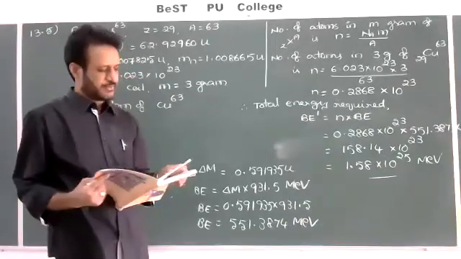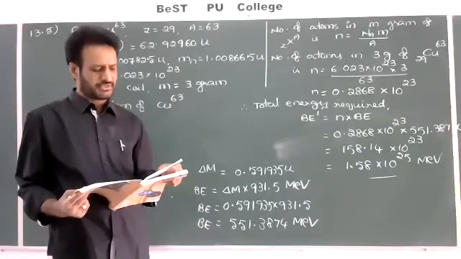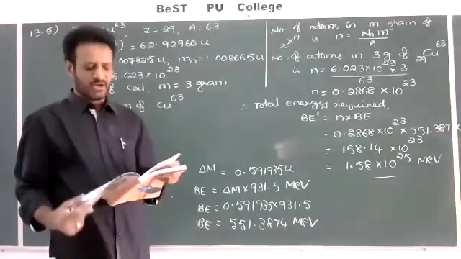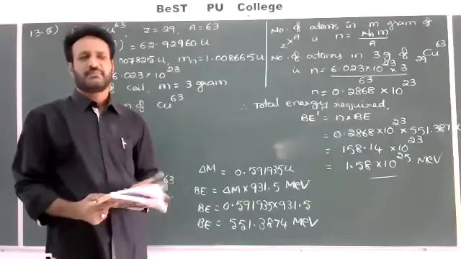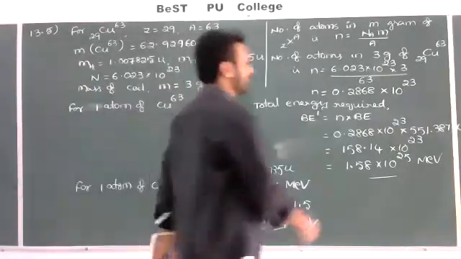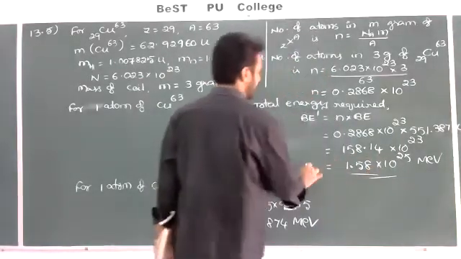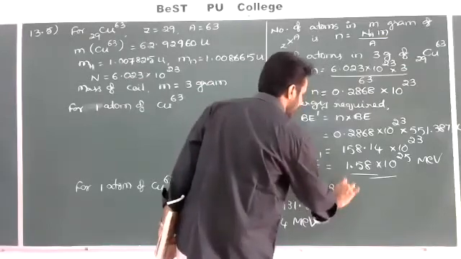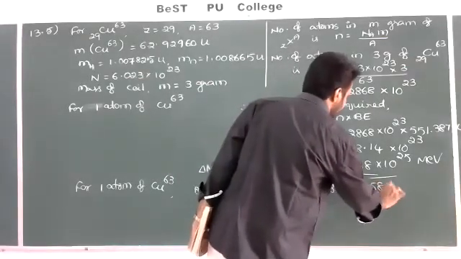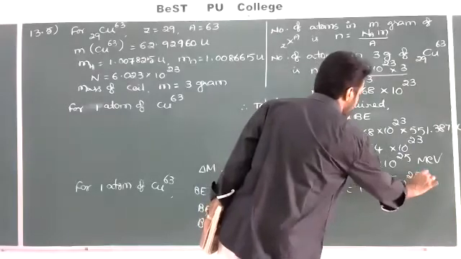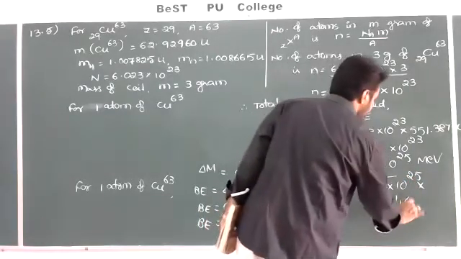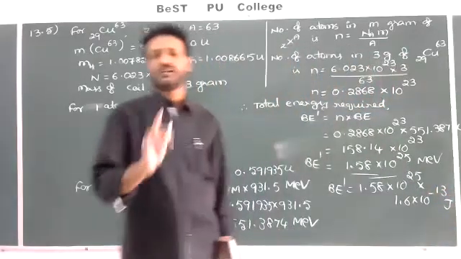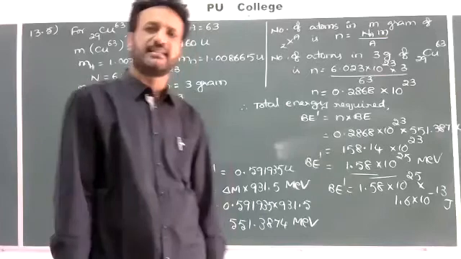One answer is 1.584 into 10 to the power of 25 MeV, whatever we got. The second answer is given in joules. To convert the value into joules, we can round this number up to here only. BE dash is equal to 1.58 into 10 to the power of 25 into 1.6 into 10 to the power of minus 13 joules, since 1 MeV is 1.6 into 10 power minus 13.